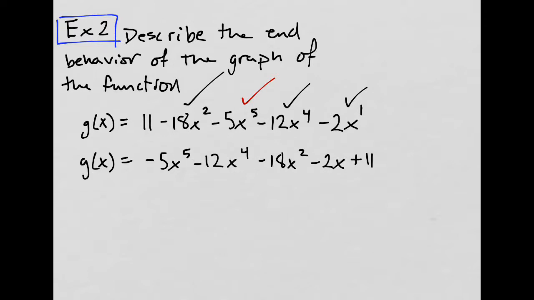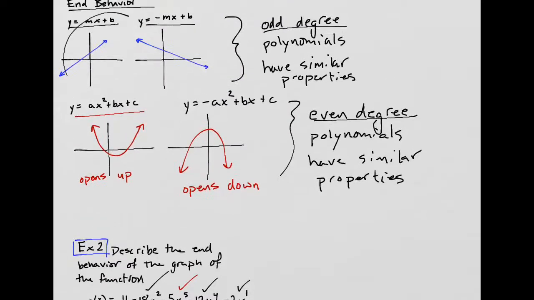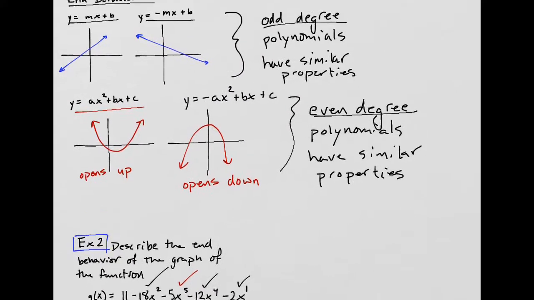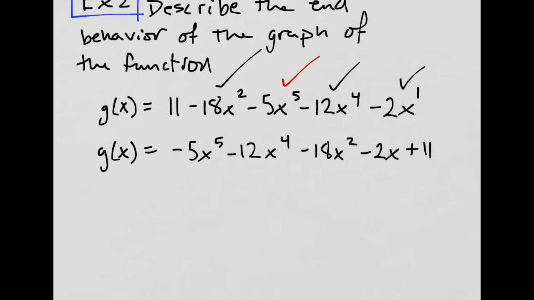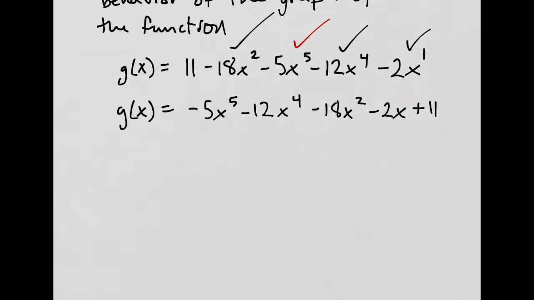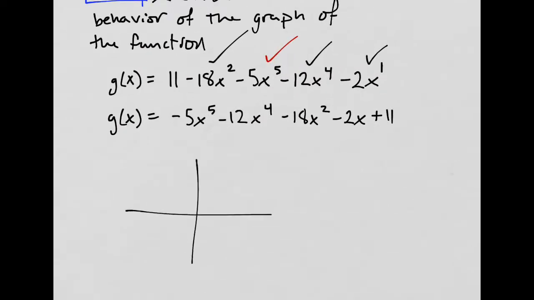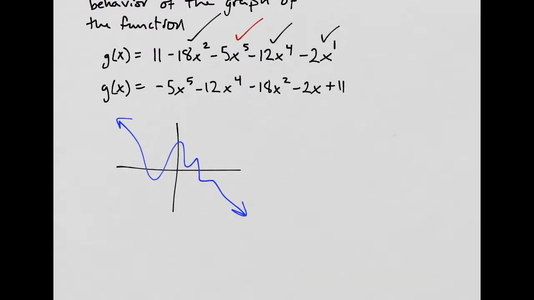So this is degree 5, an odd degree. And do we have a leading coefficient that is positive or negative? Negative. So our graph should look something like a negative slope. It'll do something weird in the middle, but overall it looks like a negative slope. I don't know exactly what the graph looks like, but it's okay.